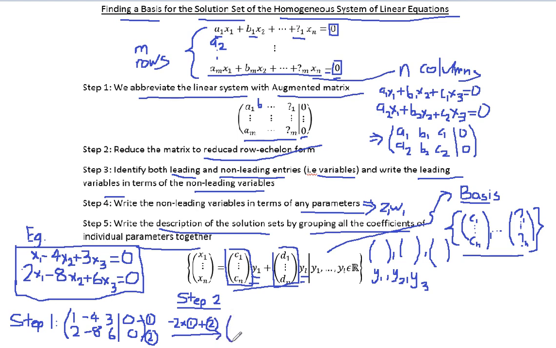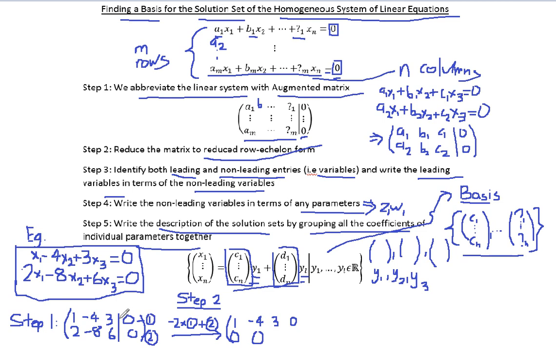So let's see how it goes. Let's keep our first row constant, 1, minus 4, 3, 0. So now minus 2 times 1 equals to minus 2, minus 2 plus 2 equals to 0. The same for this, minus 2 times minus 4 equals to 8, 8 minus 8 equals to 0.